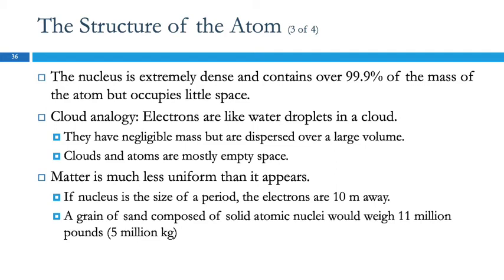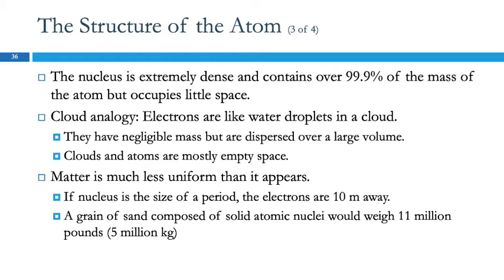And yet, fog and clouds are mostly empty space, right? You can just walk through it. There's no resistance. You'll get a little bit damp walking through it, but it's mostly empty space with these little tiny droplets of water suspended. Atoms also are mostly empty space.